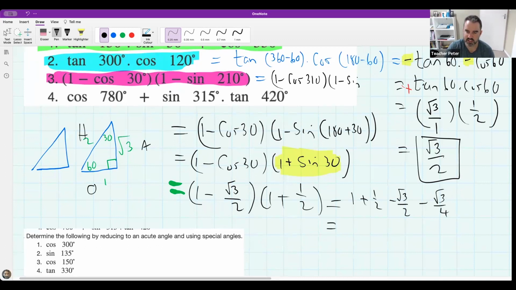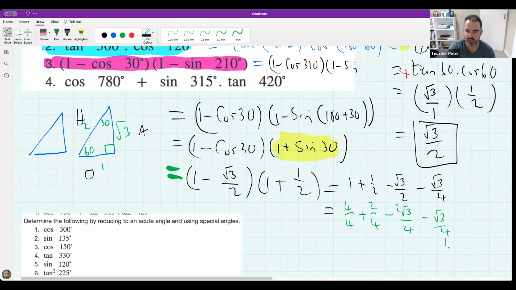And here's the problem again. It's these common denominators. So I'm going to make this 4 over 4, this 2 over 4, and this 2 root 3 over 4. Why am I doing that? Well, I'm not allowed to use a calculator. So all I'm doing is multiplying the top and bottom by 4 here, top and bottom by 2 here, top and bottom by 2 there, and here I don't do anything.